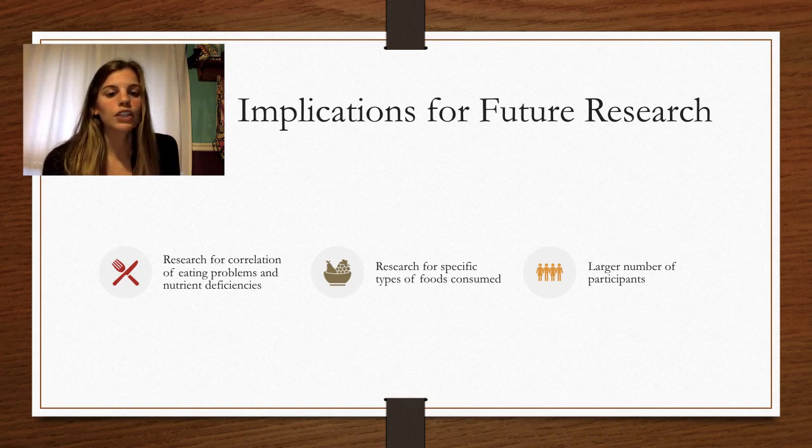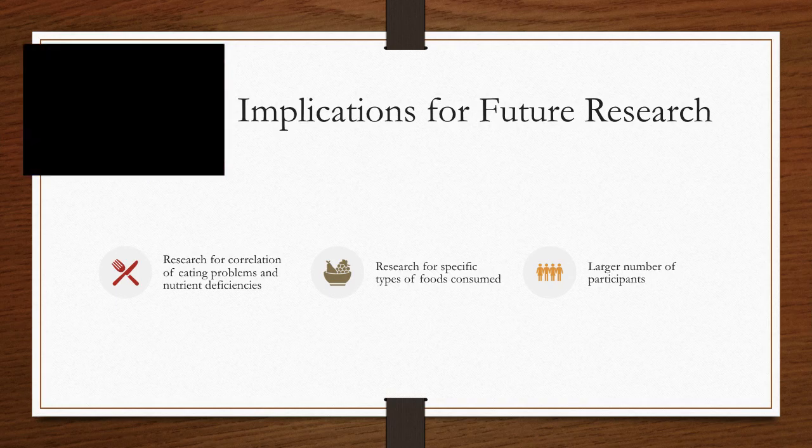The last implication is to have more research with a larger number of participants. Between my 10 sources, I had less than 1,000 participants, and in order to get a more accurate representation, there needs to be a greater number of participants.